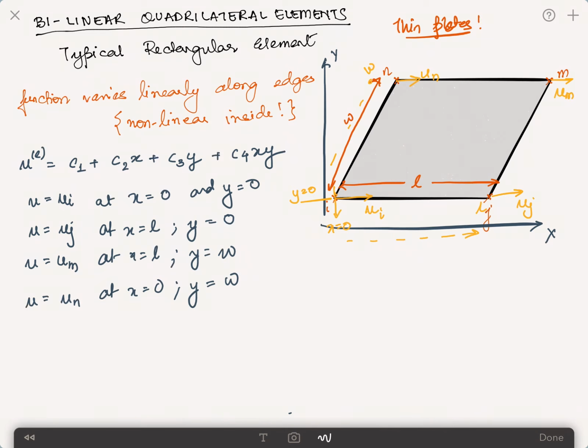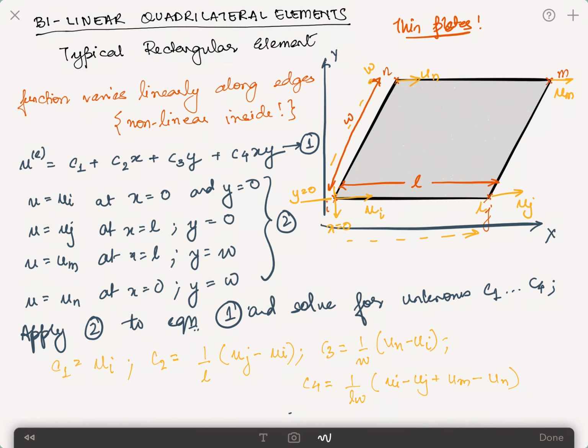We will get C1 equal to ui, C2 equal to 1 by L times (uj minus ui), C3 equal to 1 by W times (un minus ui), and finally C4 equal to 1 by LW times (ui minus uj plus um minus un).